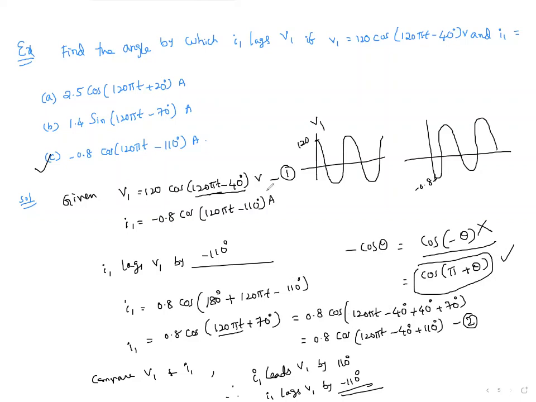So equation 1, equation 2: if you take equation 1, voltage signal with some positive amplitude, here also some positive amplitude. There is no shift in the phase because both amplitudes are on the positive side. And cos function, here also cos function.